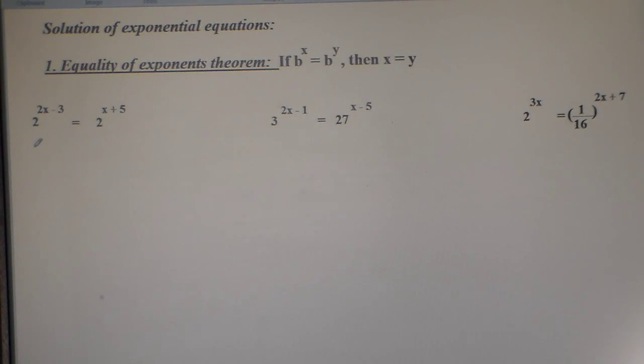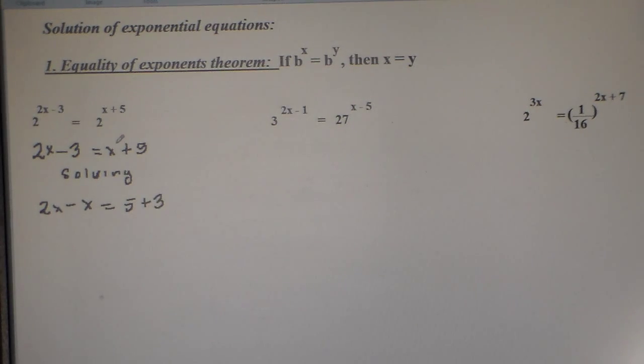You say then 2x minus 3 equals x plus 5. Solving now the linear equation, we get 2x minus x equals 5 plus 3.